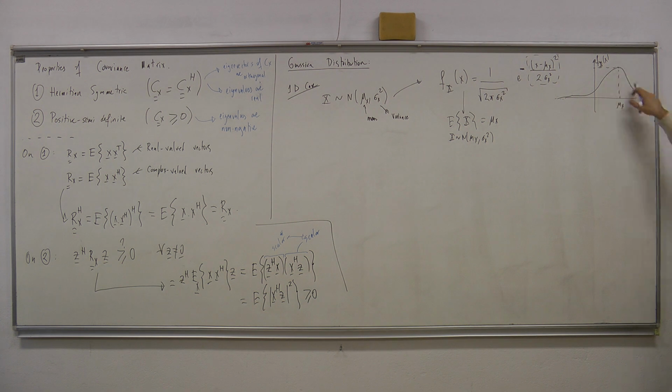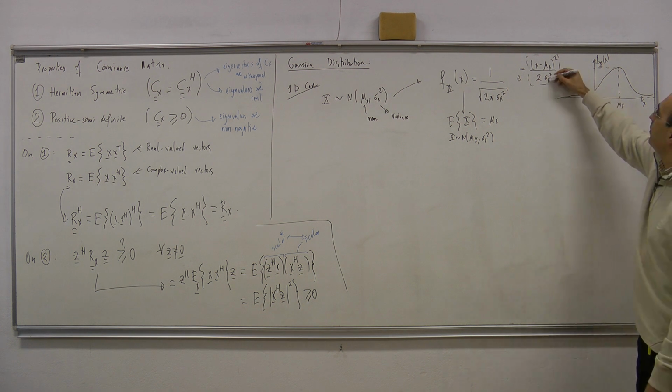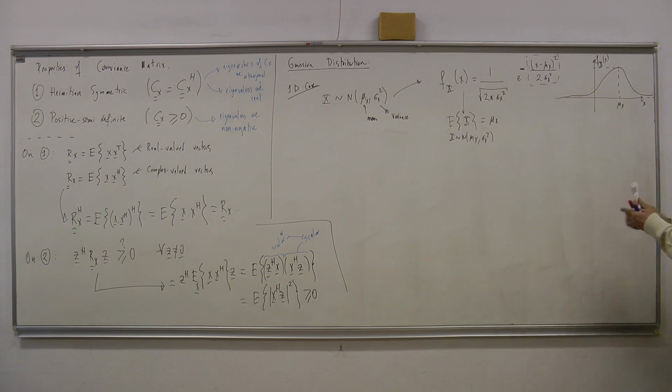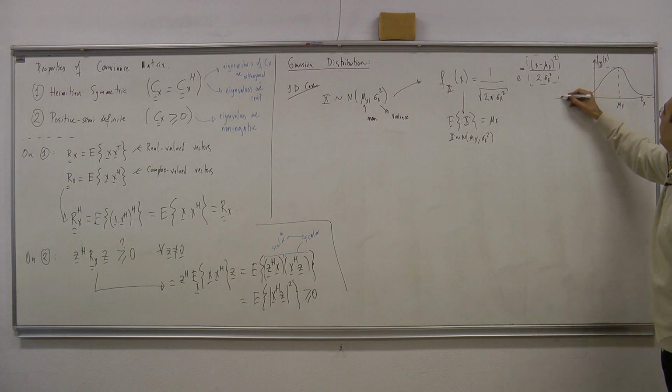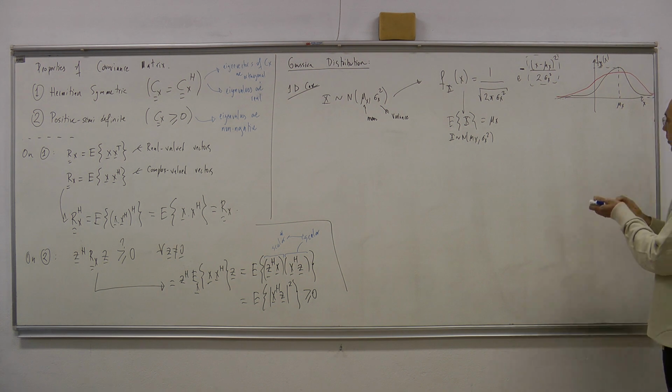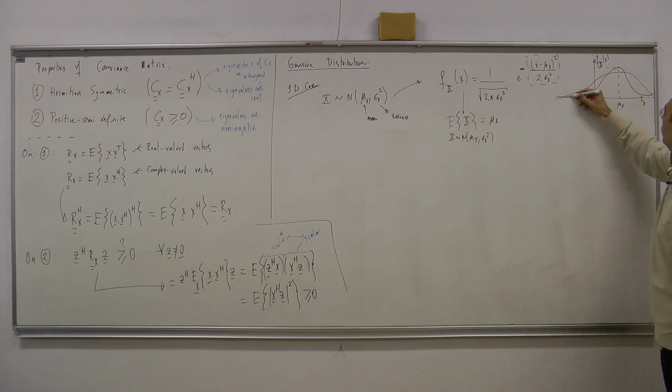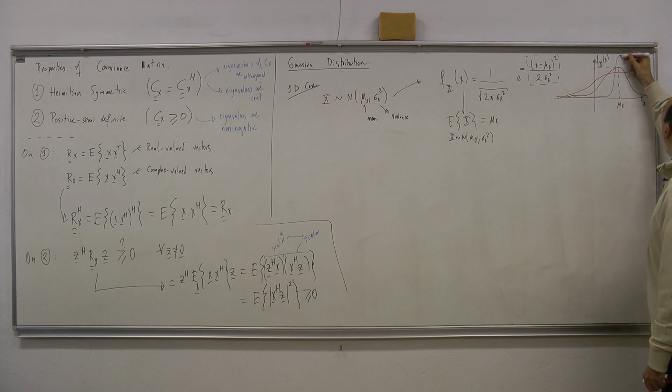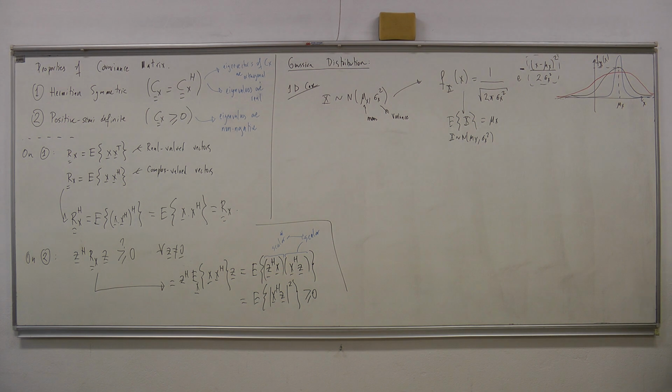From this sketch actually, you can also immediately see this is true. Okay. So what happens when sigma x squared changes? You can see when the sigma x squared is larger for the same mean value, or maybe much smaller, something like that.